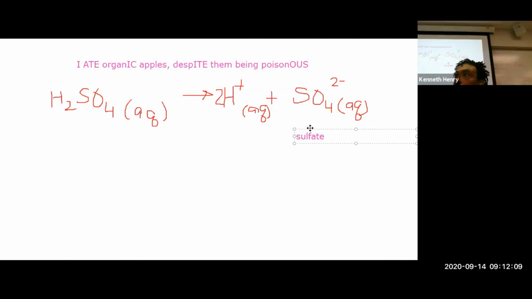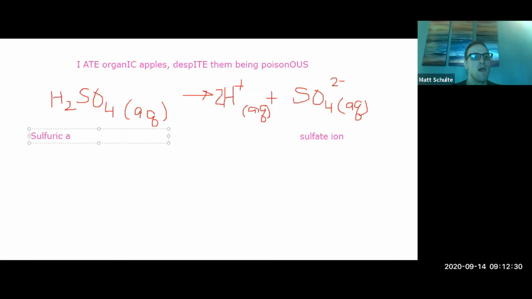Okay. So that's the sulfate ion. So that means this acid is going to be called sulfuric acid.